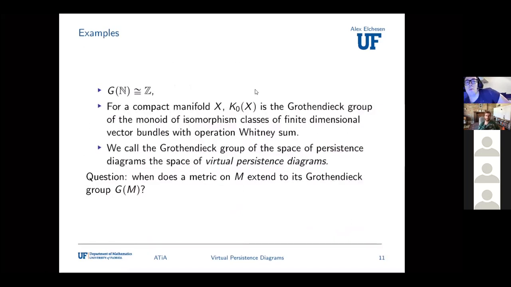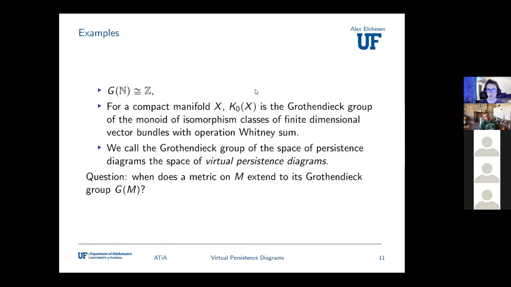Okay, so examples. The oldest example, which I'm sure predates Grothendieck, and he's not named for this construction, is that you can construct the integers from the natural numbers by the Grothendieck group construction.